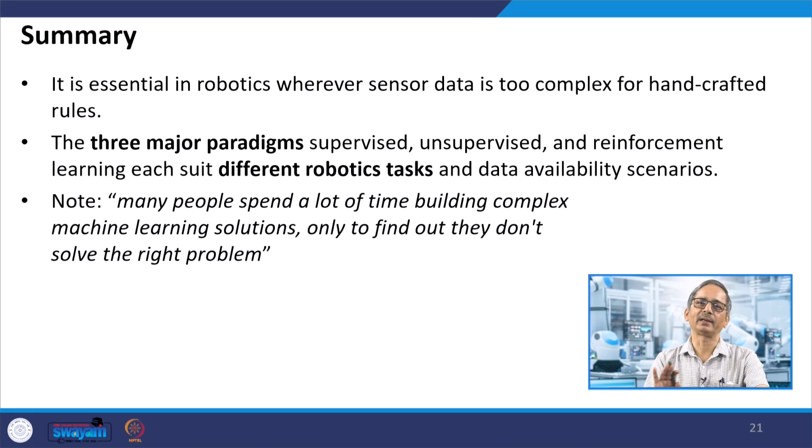Many people spend a lot of time building complex machine learning solutions, only to find out that they don't solve the right problem. So whenever we are trying to build a machine learning solution, we should always keep the problem in mind. That will help us in creating the correct machine learning solution for it.